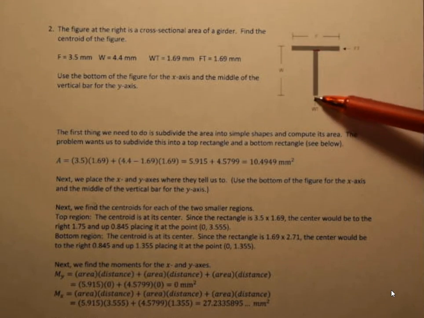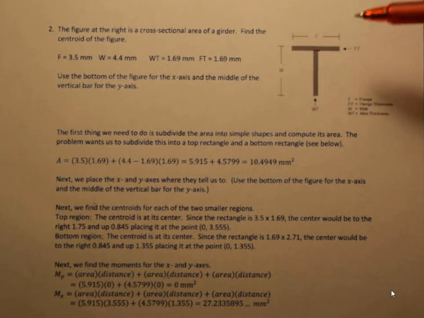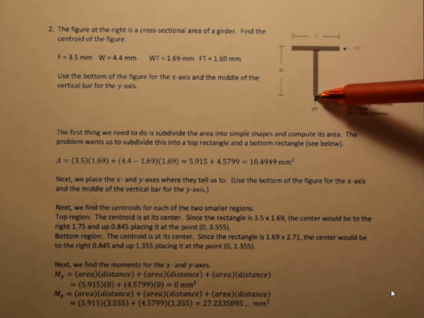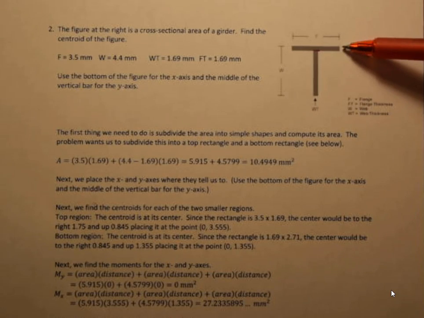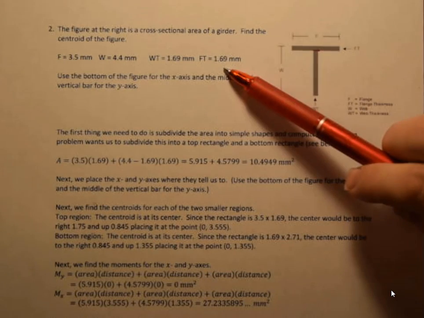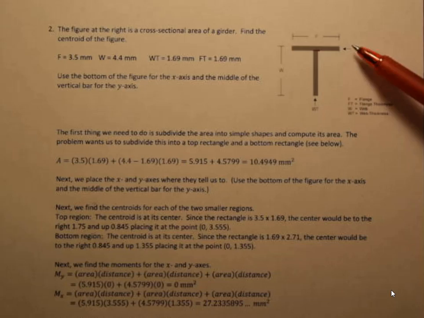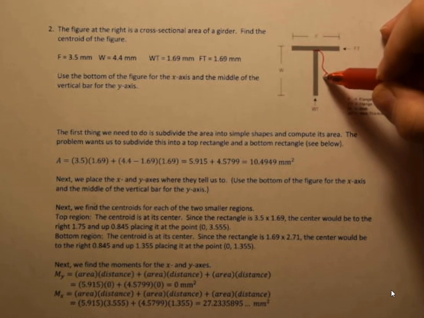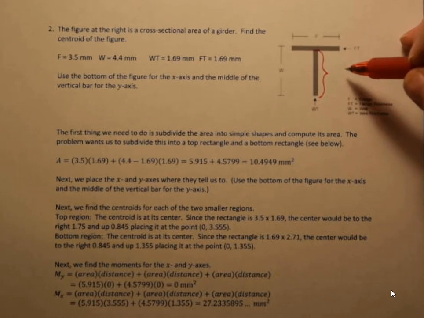Now the bottom rectangle, well, it tells us the whole height from here all the way down, that's W, and then we know the FT, which is 1.69, so we're going to have to subtract to get this length.